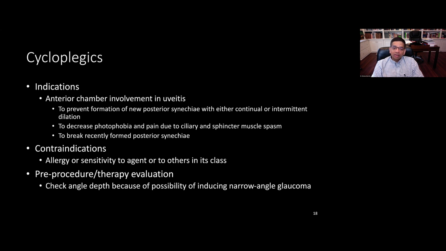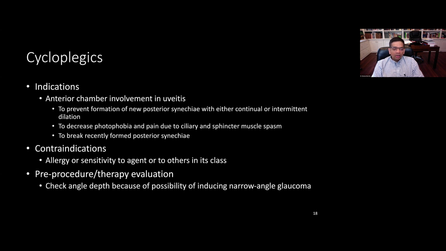We want to prevent the development of posterior synechia, keep the pupil mobile, and prevent formation of new synechia. So we use this for anterior chamber inflammation. We also use it to reduce pain and photophobia, that is, pain due to ciliary and sphincter muscle spasm, and pain from exposure to light in these acute uveitis cases. And we also use it to break recently formed synechia.